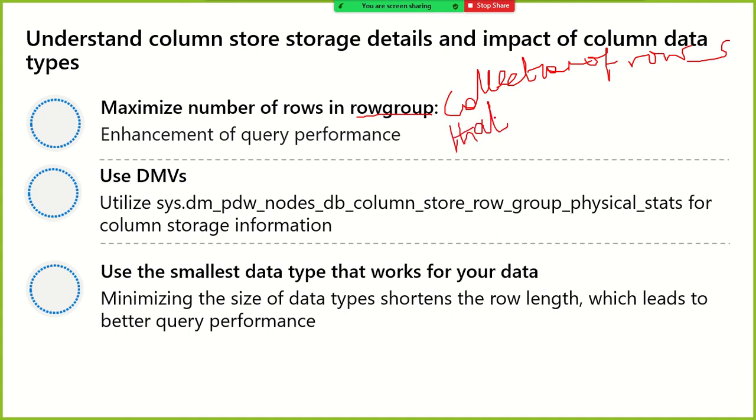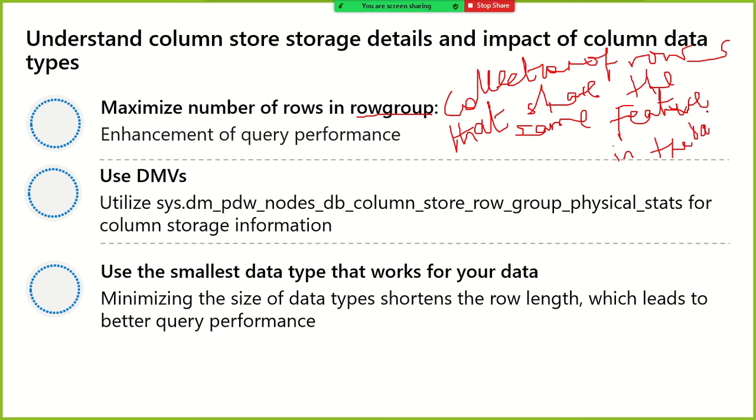A collection of rows that share the same features in the data. So that's what we call a row group.